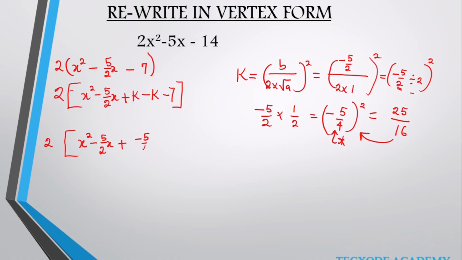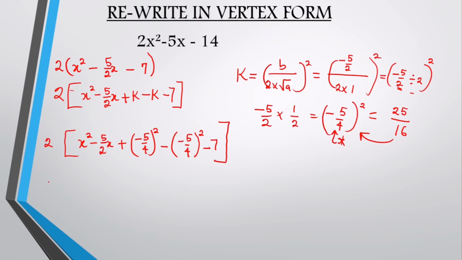Negative 5 over 4 all squared. Now minus k again, negative 5 over 4 all squared, minus 7. Now we close the big bracket.